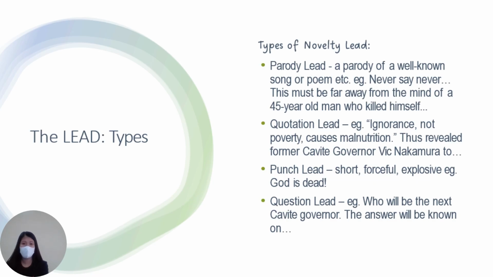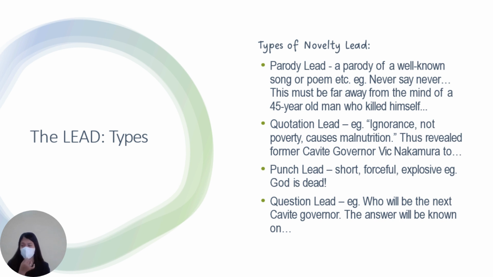So we also have the so-called parody lead. You will be quoting a well-known song or a well-known poem, like "Never Say Never," or "This must be far away from the mind of a 45-year-old man who killed himself." And then we have the quotation lead.